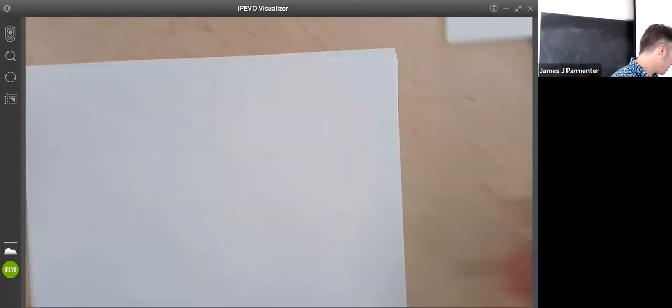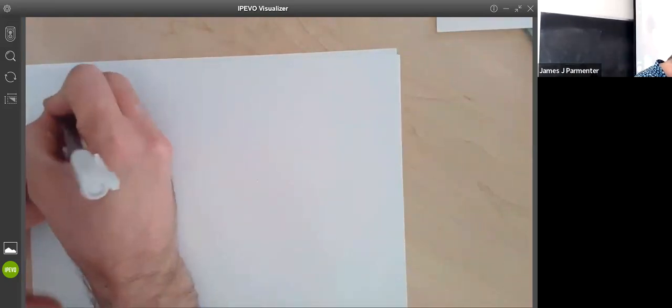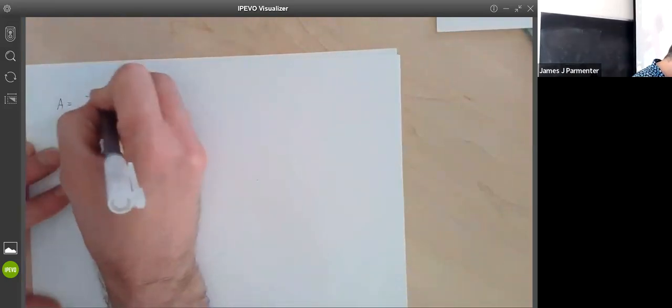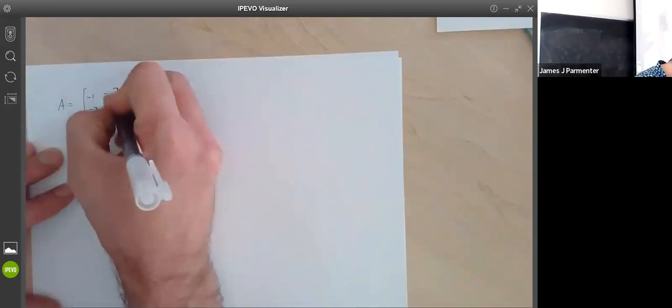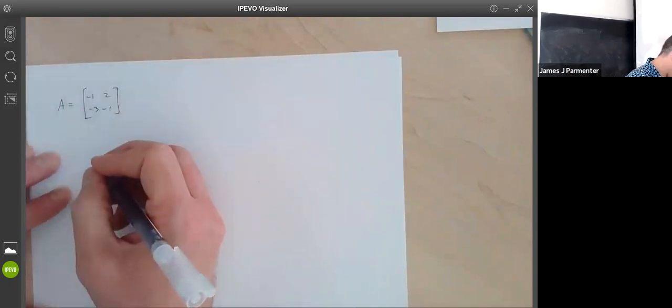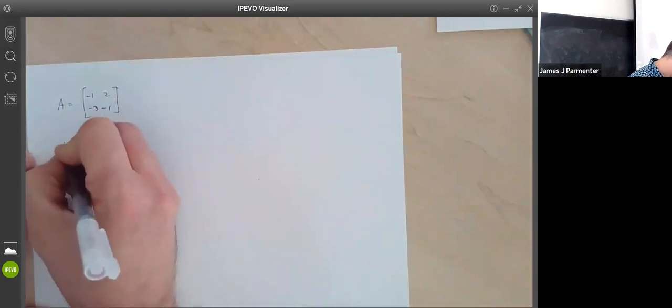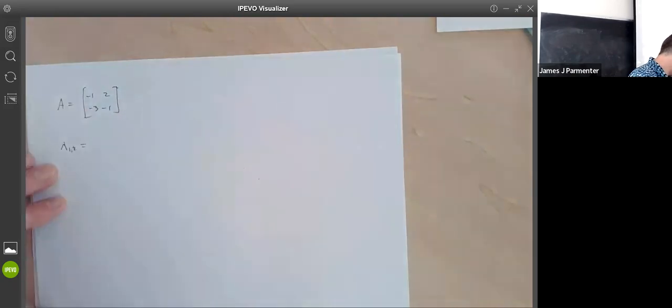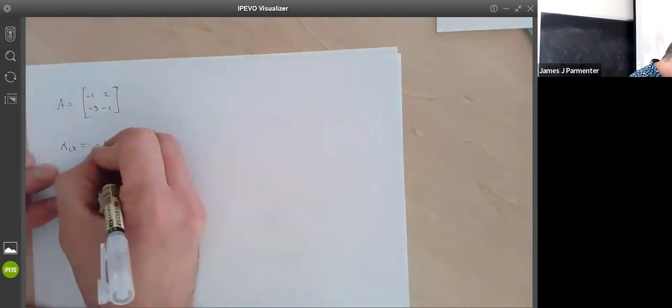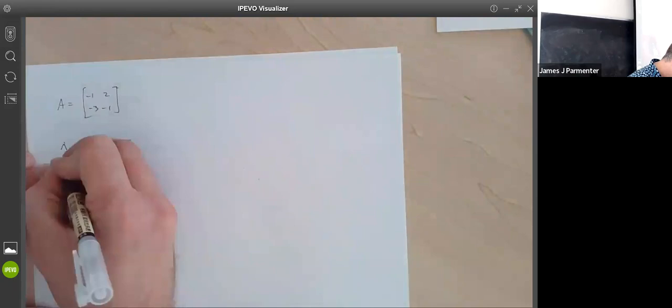So the other one, the matrix was -1, 2, -3, -1, and the eigenvalues were -1 plus or minus i√6. So again, we know we had a stable spiral.